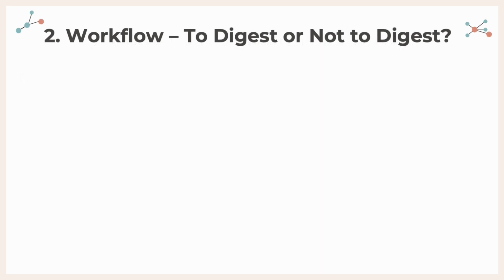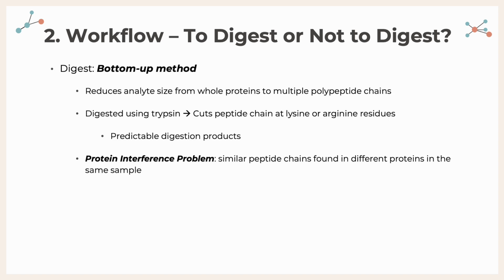So, we have our protein. Now what? Well, we have 2 things. The question remains: to digest it or not to digest it. If we choose to digest it, we call that the bottom-up method. And this reduces the analyte size from whole proteins to multiple polypeptide chains.